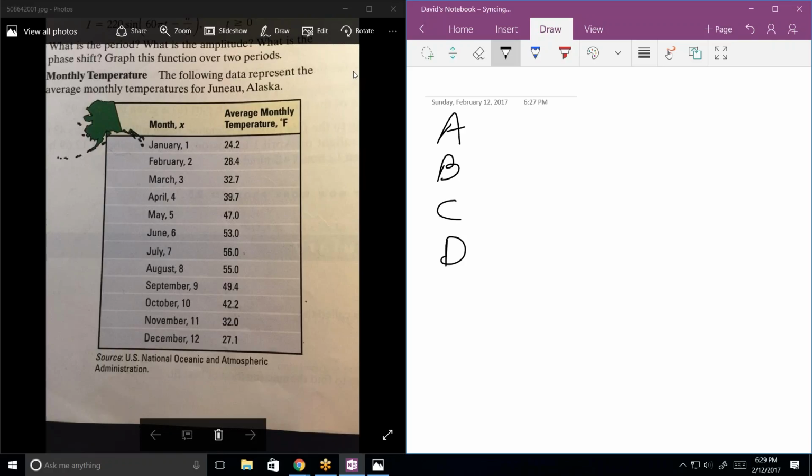So the maximum is 56 minus the minimum, which looks to be 24.2. So divide that by 2. What do you get? 31.8 divided by 2 is 15.9, right? Yes. That's A.